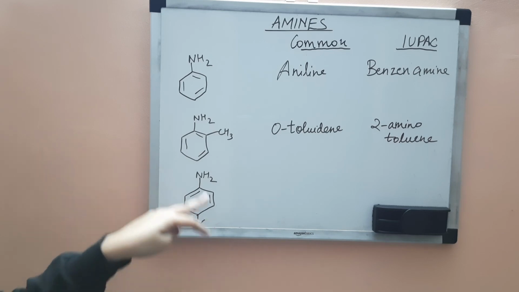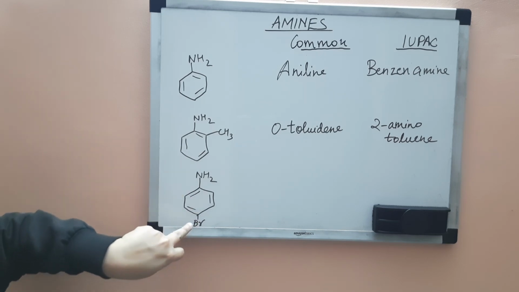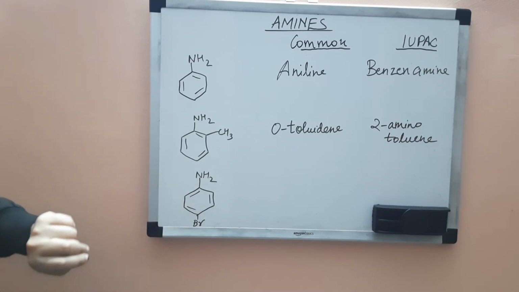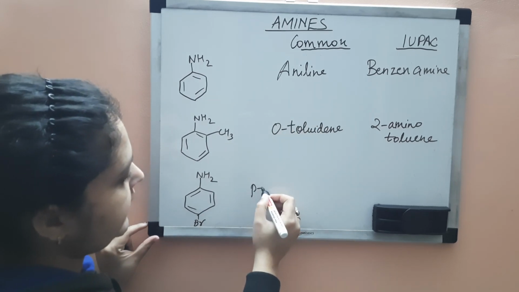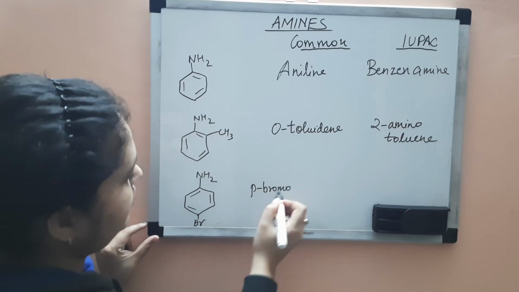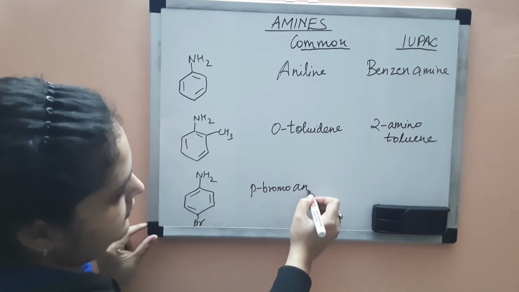Here, at the para position there is a bromo group. In the common nomenclature, it will be named para bromo aniline.